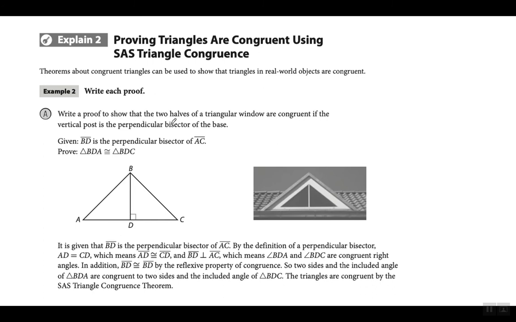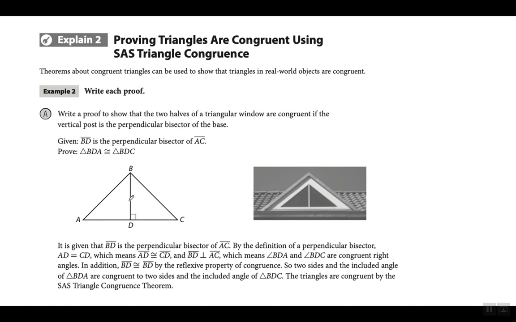Write a proof to show that the 2 halves of a triangle window are congruent. You know what? Let's read this because I think it's better. Given that segment BD is the perpendicular bisector of segment AC, prove that triangle BDA is congruent to triangle BDC.